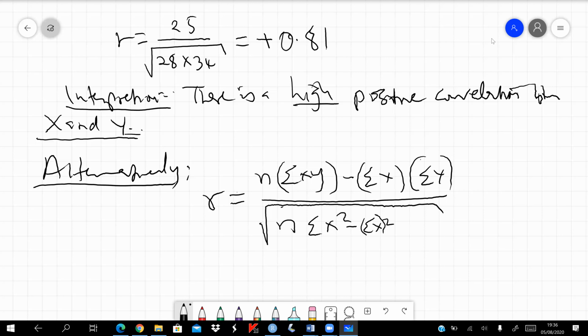Then here you have that kind of brackets: summation of Y squared minus summation of Y, squared. So you can use that formula also. It's equivalent to what we used earlier. The same.